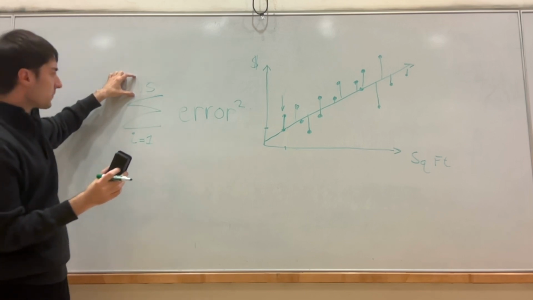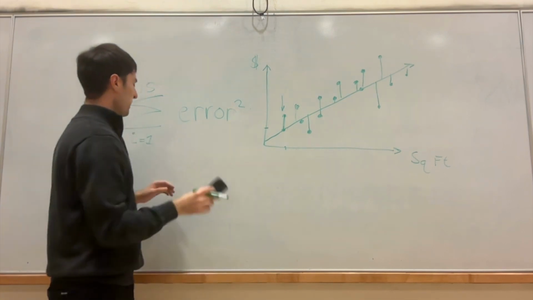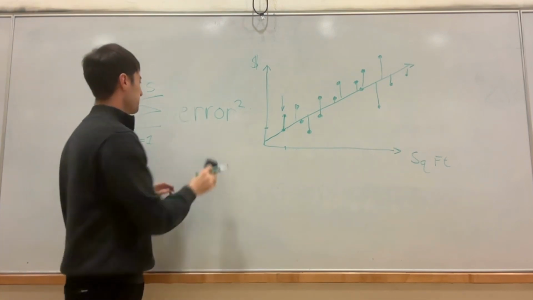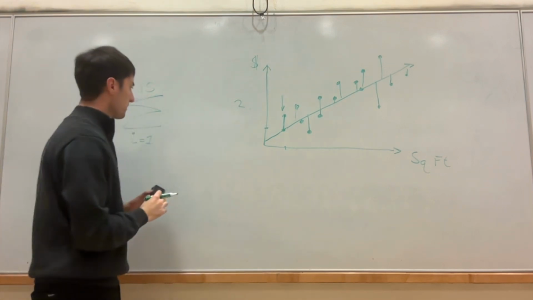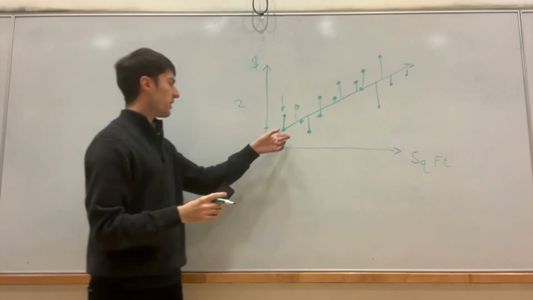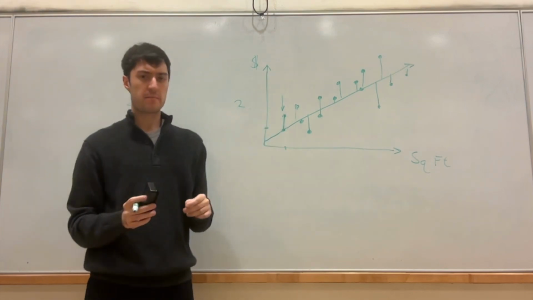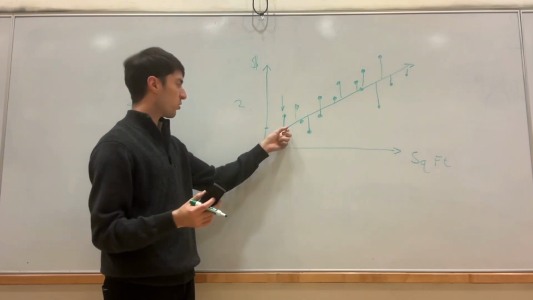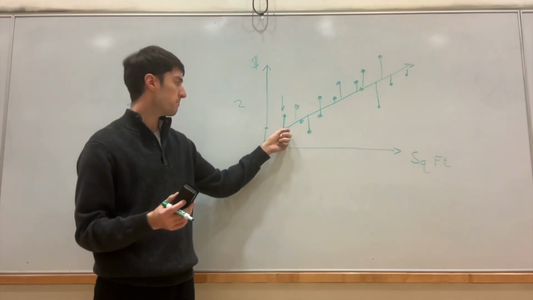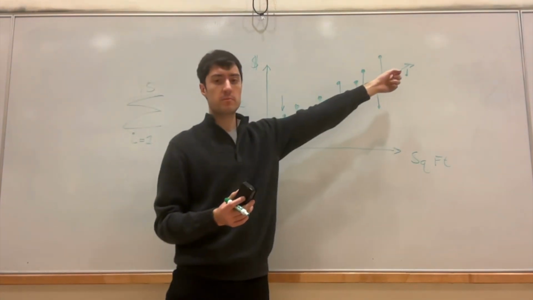Okay, now, error. That's not very technical. What is error? Well, we said it here. Error is this. How do we actually calculate that? For any input, we're given a corresponding output, which is dictated by our equation.